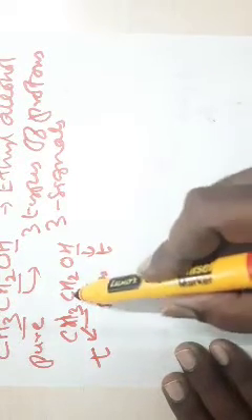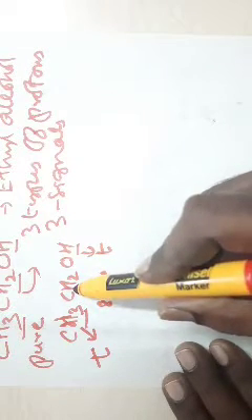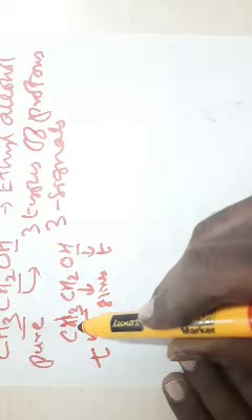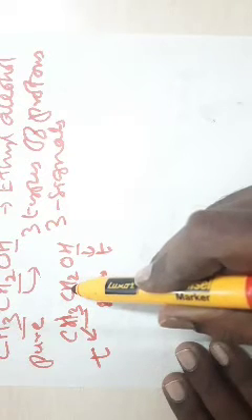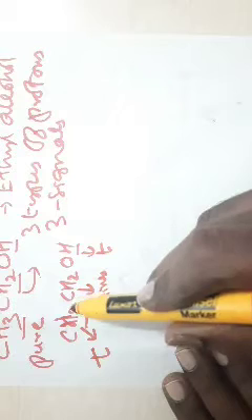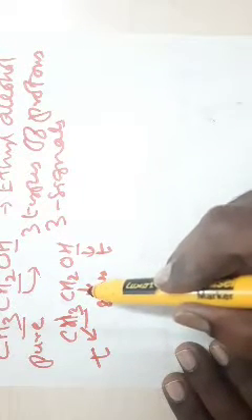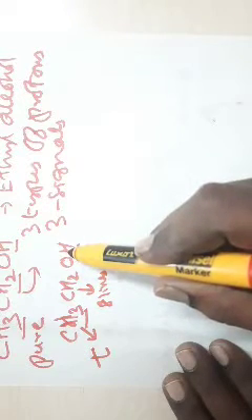See, the methylene protons CH2 have 3 neighbors, the 3 methyl protons. So first the methyl protons split the methylene signal into 4 lines according to the n plus 1 rule: 3 plus 1, 4 lines. Again, each line is split into 2 lines by the OH. So 2 into 4, 8 lines.